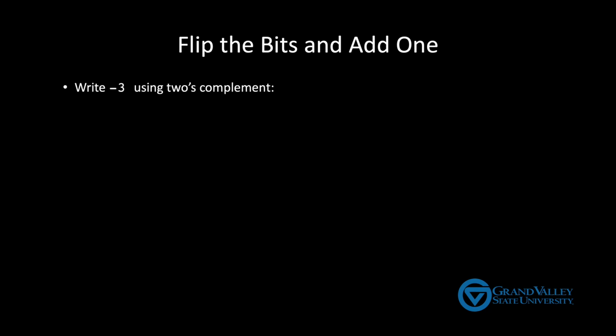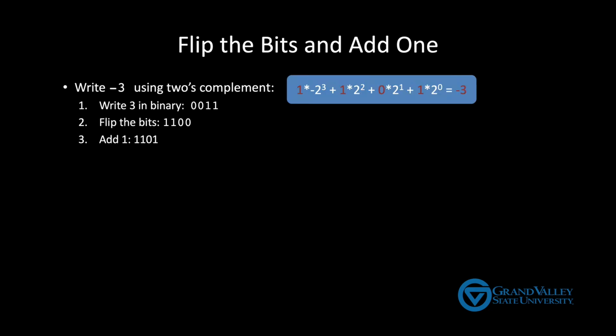So for example, to write -3 using 2's complement, first we would write 3 out in binary, 0011, and then we would flip all the bits to get 1100, and then add 1 to give 1101. And if we place this back into the formal formula, we see that that works out to -3. Okay, now you try it. Pause the video and write -22 in 2's complement.